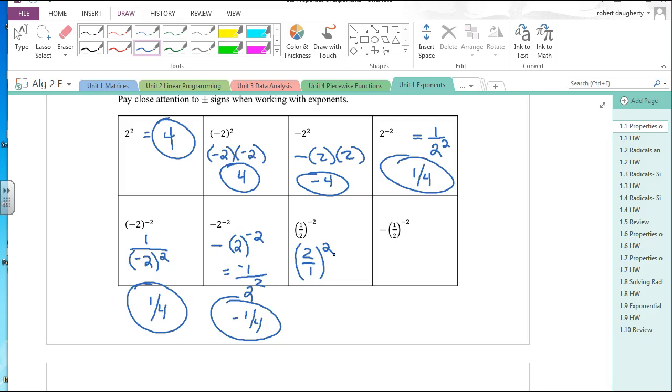So with fractions, I can just flip the fraction, take its reciprocal, and then the negative exponent becomes the positive exponent. So that's what we did in this one.